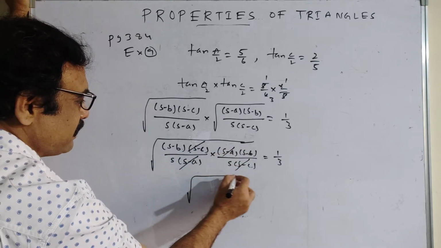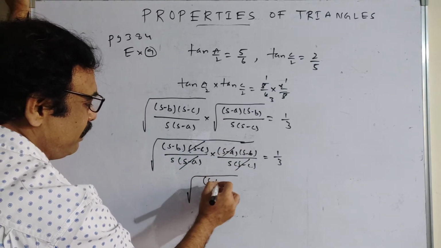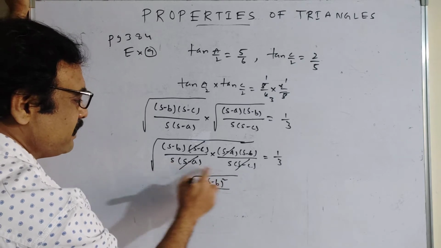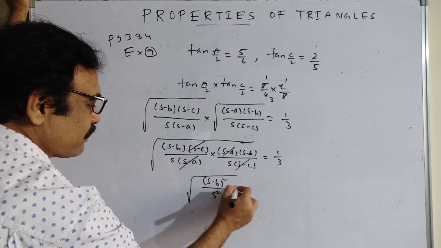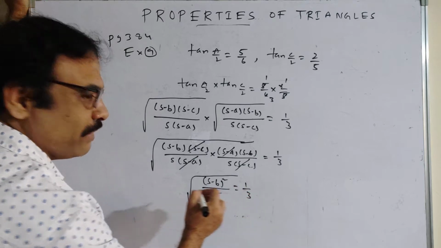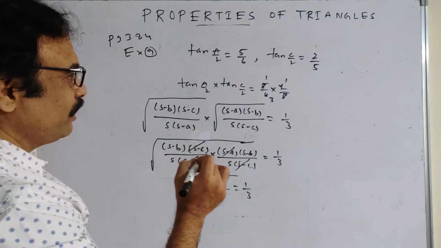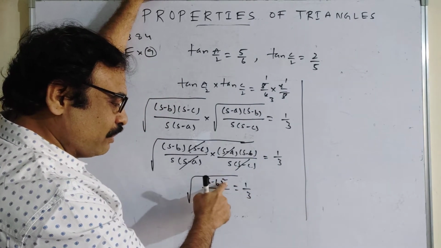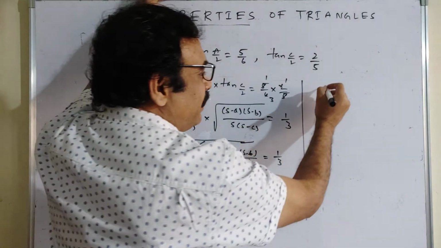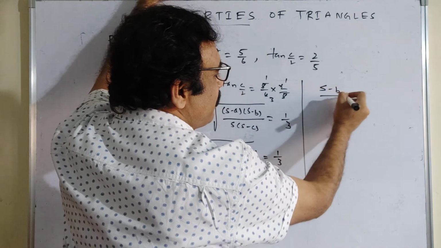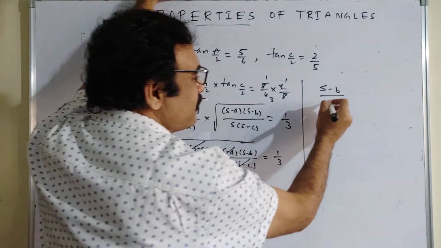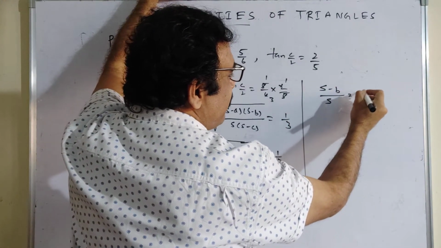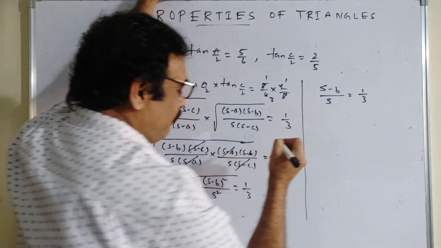Now I am getting S minus B whole square, and here S into S is S square, and this is 1 by 3. Now, square and square root get cancelled. This is S minus B, and this is S, and this is 1 by 3.